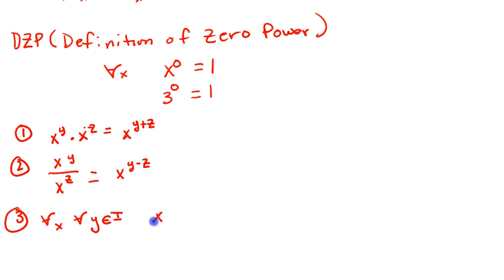Then x to the negative y equals 1 over x to the y. And this is true. So if that integer is negative, then it is 1 over x to the y.